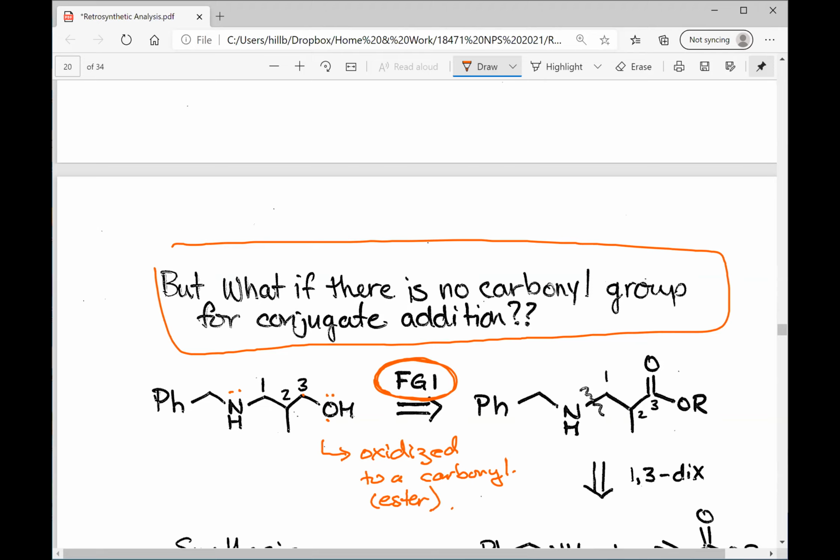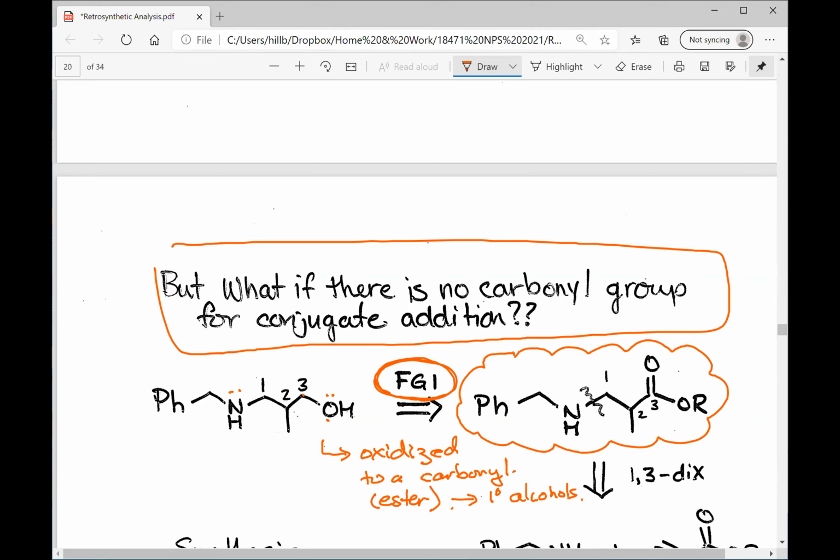Remember, if you've got an ester and reduce it, you get primary alcohols. Then this structure is far easier to see as that two-group disconnection. So functional group interconversion, which is a reduction.